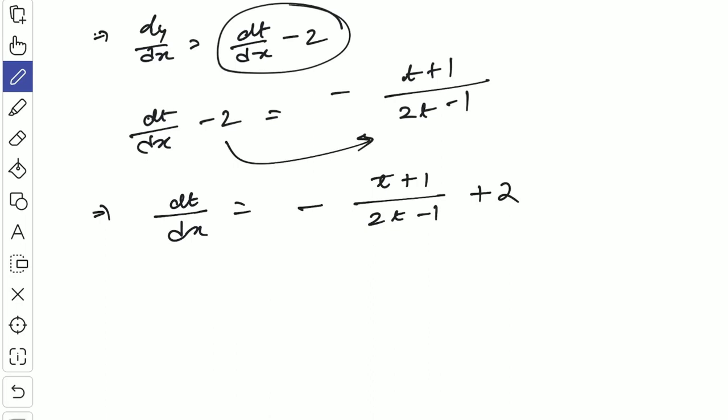What are we going to do now? Let us simplify this right hand side. After simplification, the right hand side becomes (3t minus 3) by (2t minus 1).